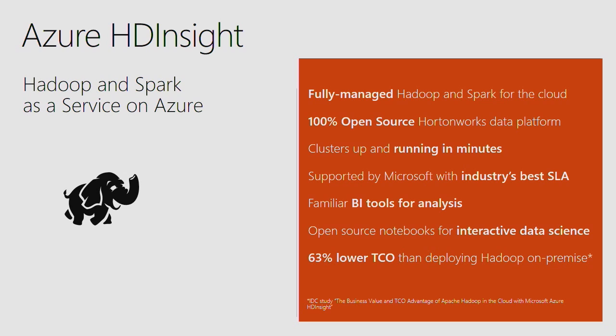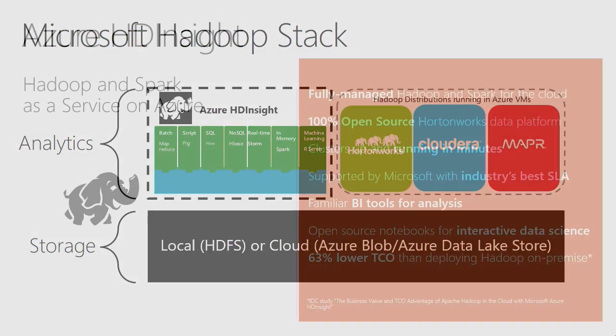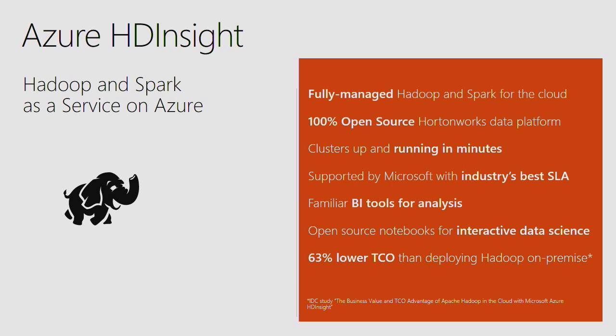We highly recommend using HDInsight because it makes you more productive and you can start using Hadoop right away. With that, let's talk about HDInsight. HDInsight is Hadoop and Spark as a service on Azure. As I mentioned, it's fully managed Hadoop and Spark built for Azure.